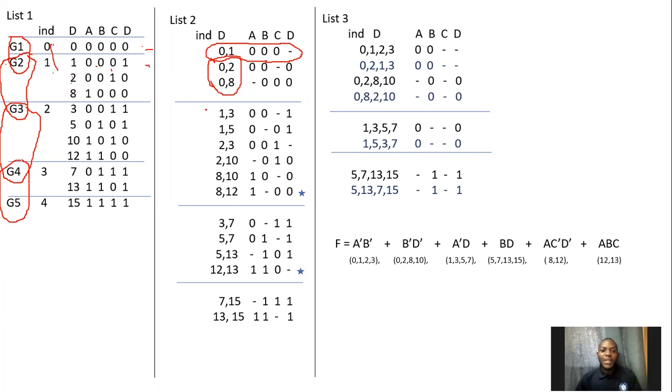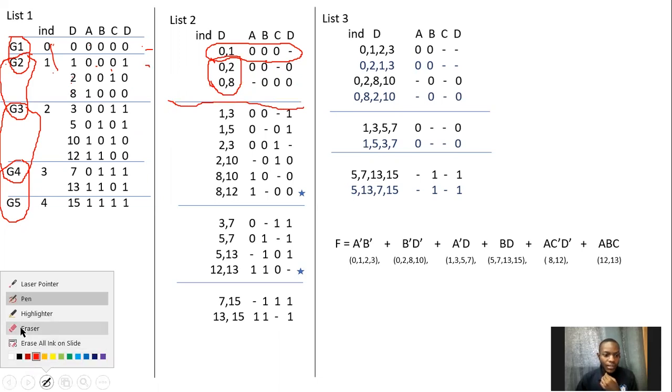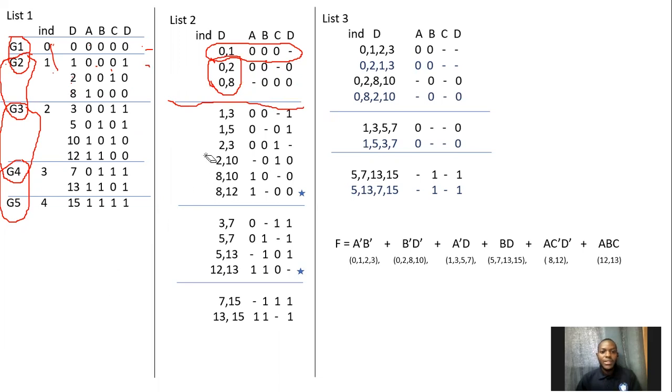After you have combined group 1 and group 2, you need to draw a line to separate. So this is the line that we have here to separate. After that, you also combine group 2 and 3, which is this one here.